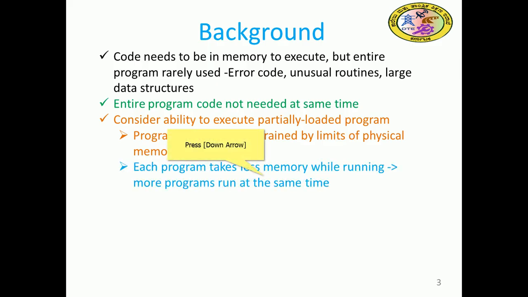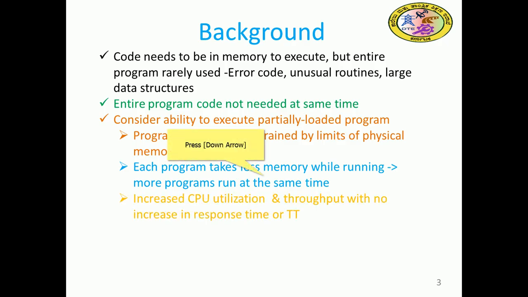Each program takes less memory while running, so more programs can run at the same time, right? Even if a large program is there, the user does not worry about memory availability. He can bring in any larger program, and more programs can run at the same time.